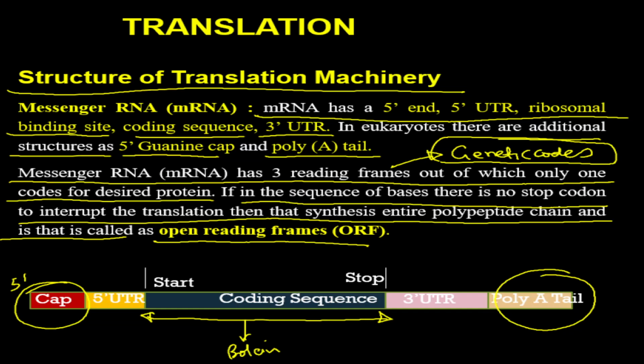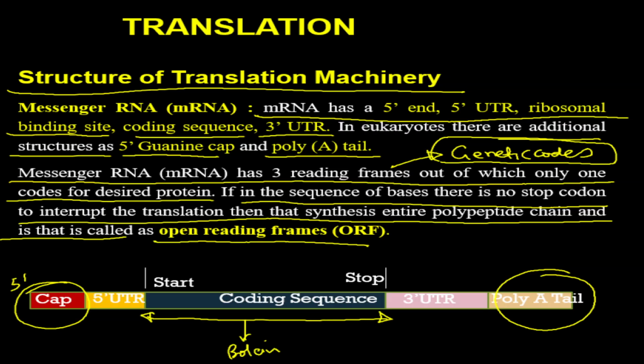Structure of translational machinery. What is the structure of translation machinery? First of all, we'll discuss the structure of the messenger RNA, mRNA. This is the structure that we discussed when we were studying RNAs and the transcription part, so this is just a brief recap. mRNA has the 5' untranslated region, ribosomal binding site, coding sequence, and 3' untranslated region.